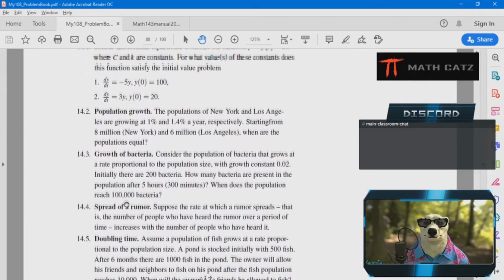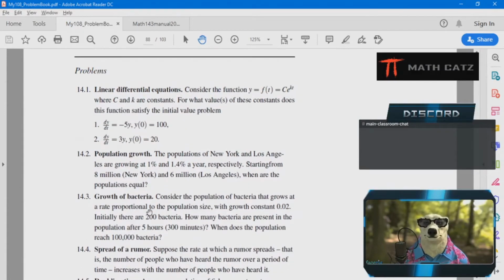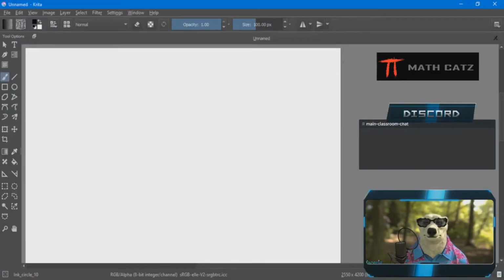Okay, so when it comes to growth and decay problems and basic differential equations, let's have a little recap. So we have basic growth and decay problems.